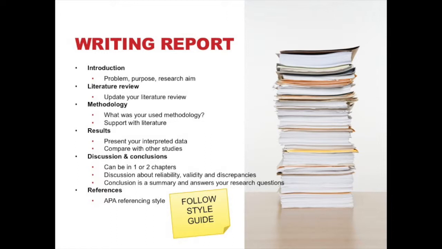You have a results section where you present data and you compare your data with other studies. And then you have a discussion and conclusion, or two separate sections. And in the discussion section, you talk about reliability, validity, and discrepancies of your research.